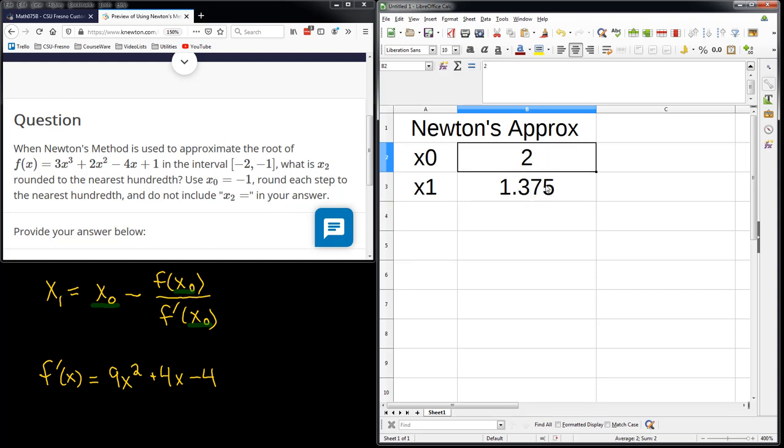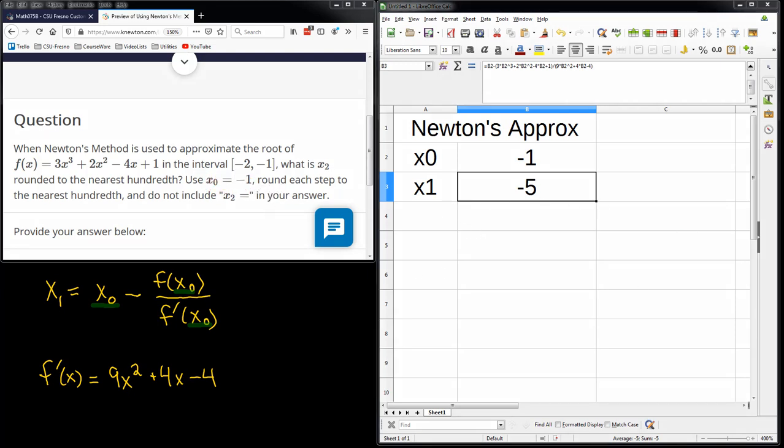So this is a fun thing. It's like a magic calculator here. I've got the formula built into the spreadsheet, and no matter what number I put here, the formula is automatically going to update. So let's go back to -1, because -1 is what they told us to start with.